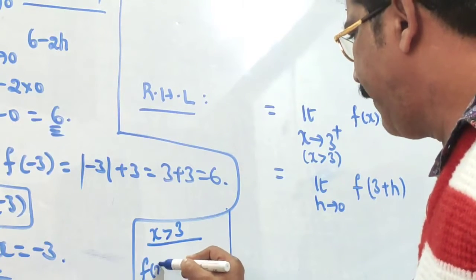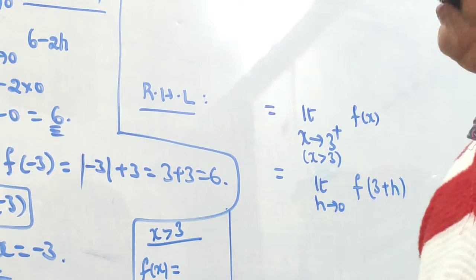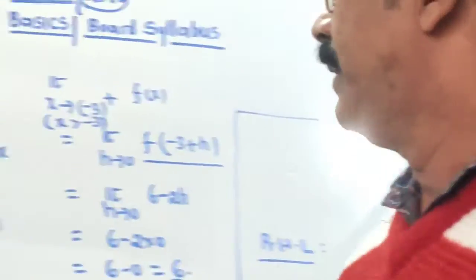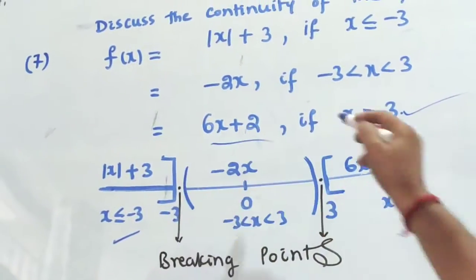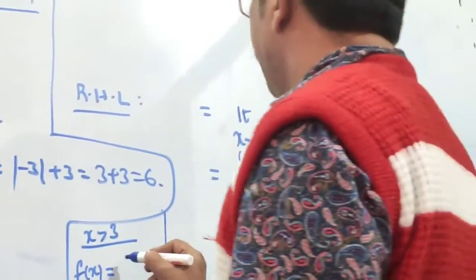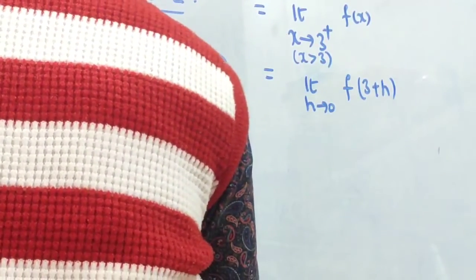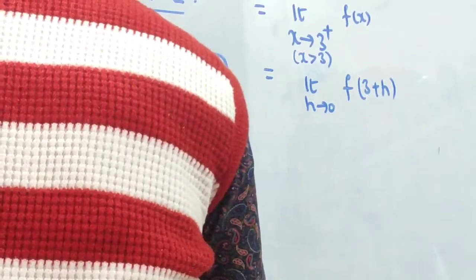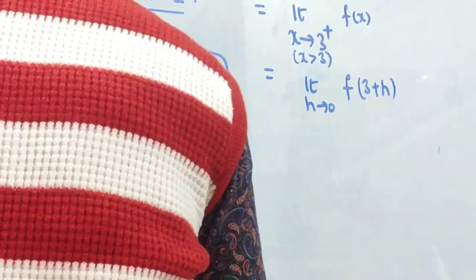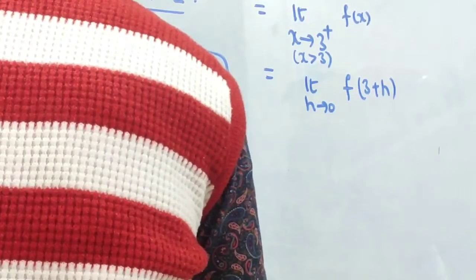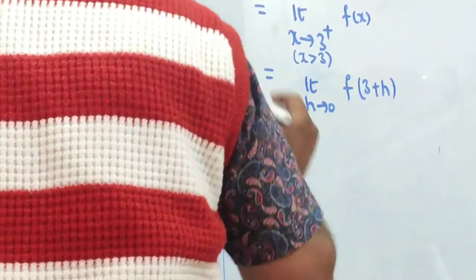Here what is f of x? Where is the x greater than 3 case? Here. It is defined as 6x plus 2. Next, what is f of 3 plus h? 6 into 3 plus h plus 2.